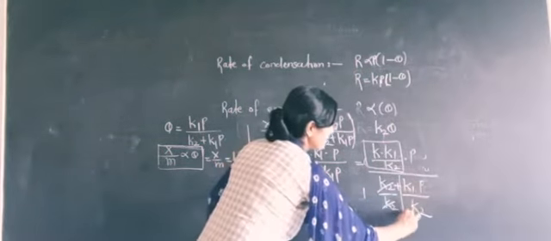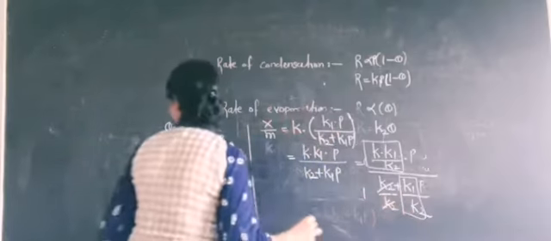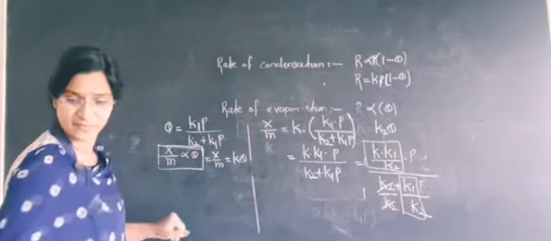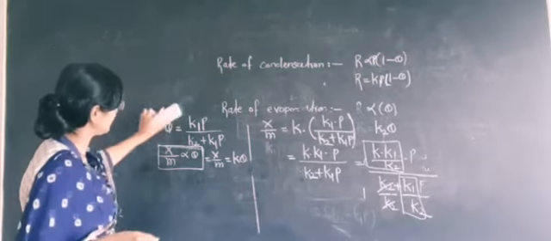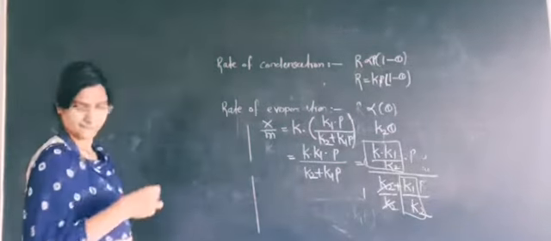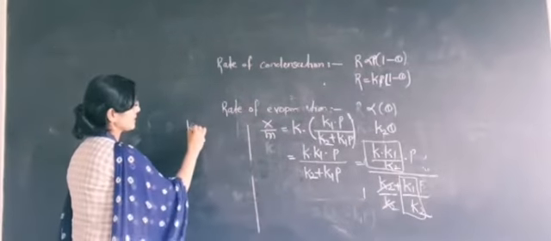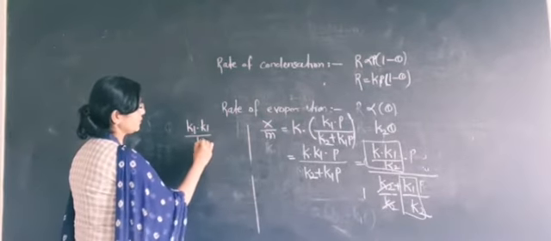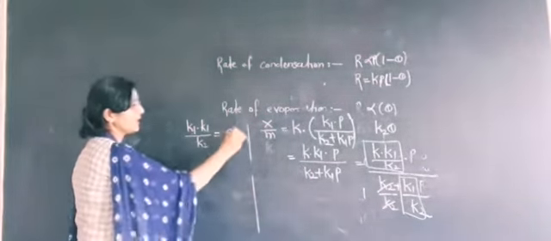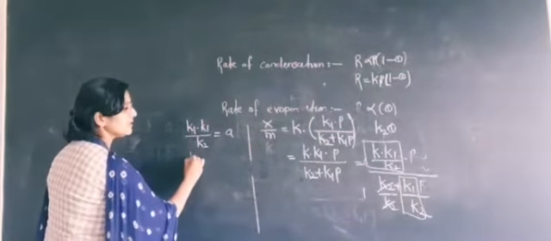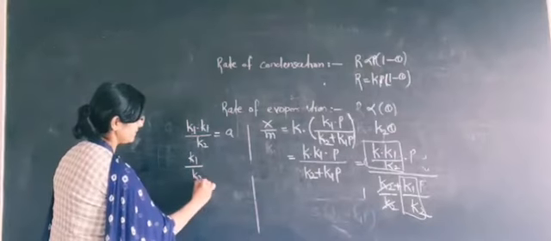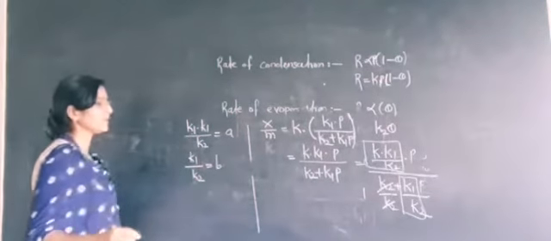The term k into K1 by K2 is denoted by A, a constant taken by Langmuir. Then K1 by K2 is a constant, denoted by B by Langmuir.